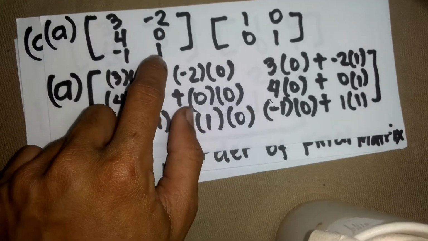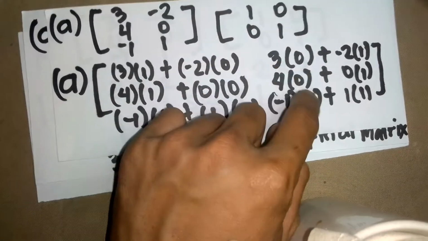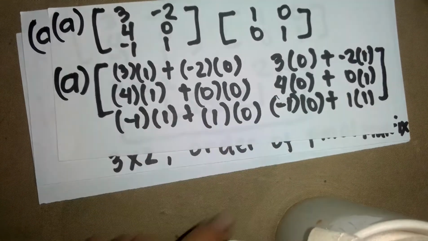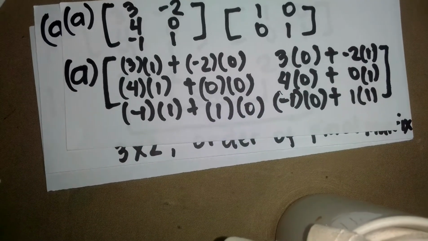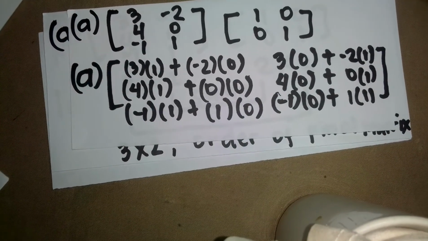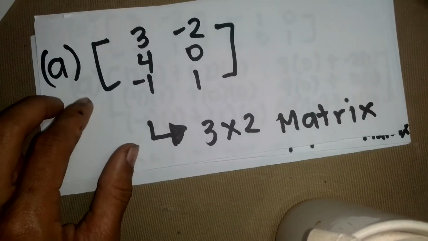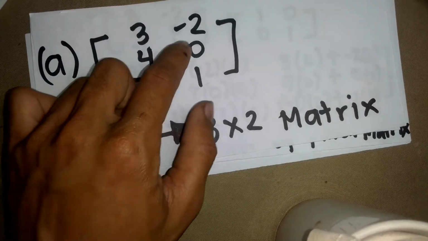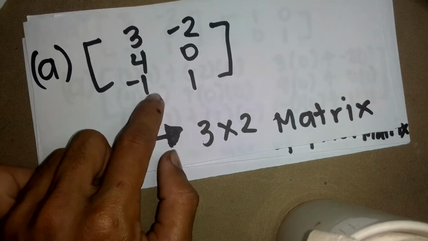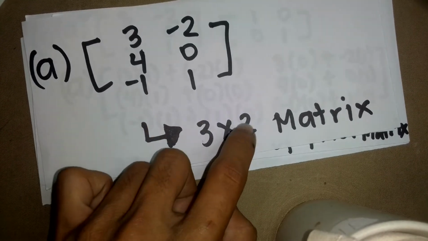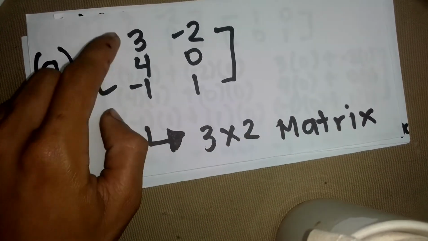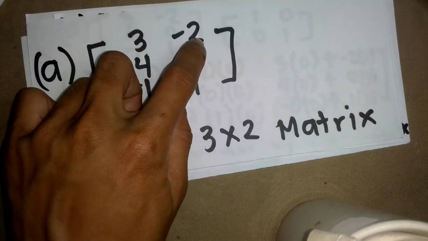We multiply the third row to the second column to get the final element. The matrix with 3, negative 2, 4, 0, negative 1, and 1 is a 3 by 2 matrix. We have 3 rows and 2 columns.